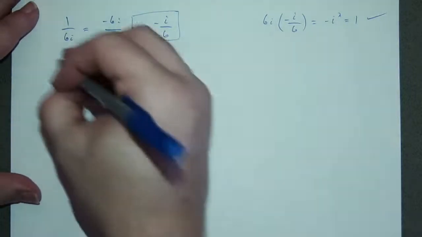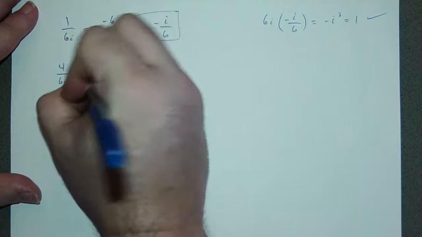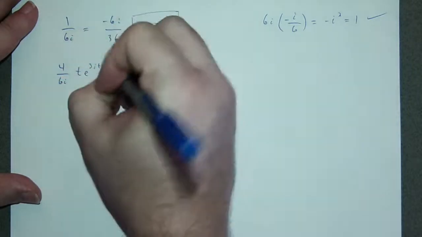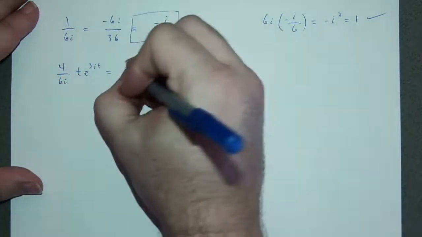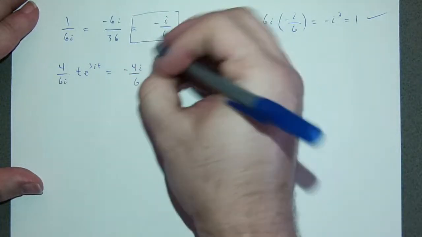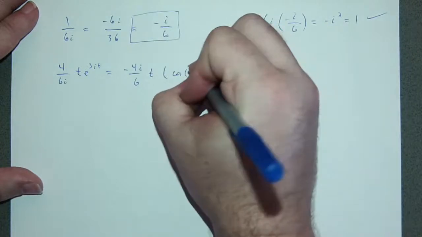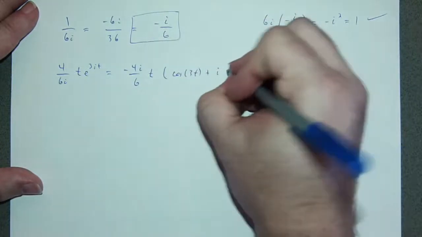So then 4 over 6i t e to the 3it, what is that? Well, that is minus 4i over 6 times t times e to the 3it, which is cosine 3t plus i sine 3t.